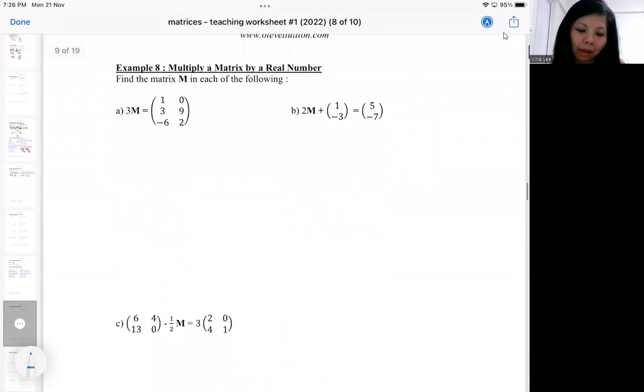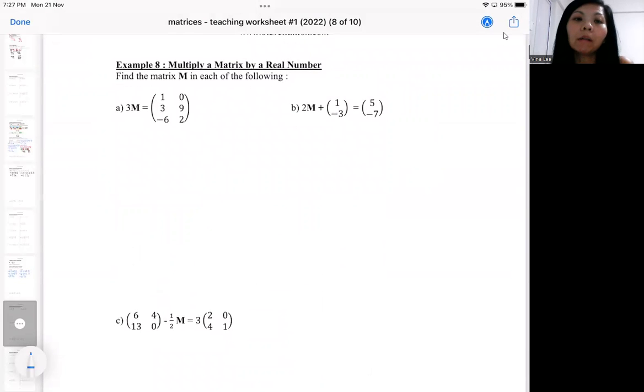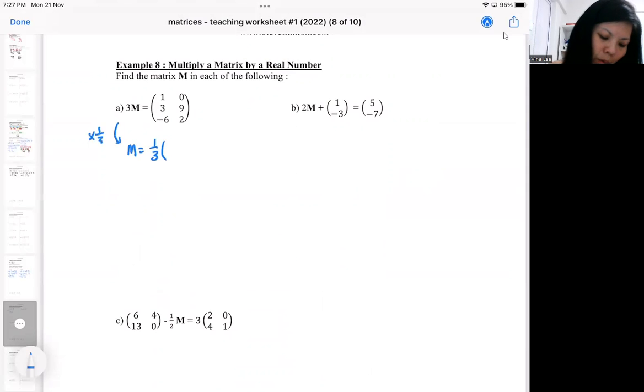Again, this one behaves a little bit like algebra when we're multiplying matrix. So in this case, if it's a 3 multiplied to a matrix and we got this matrix, and I'm interested to find m, it's like multiplying 1/3 on both sides.